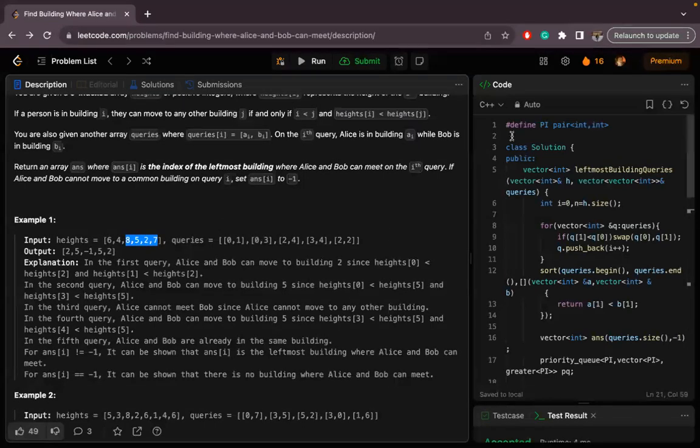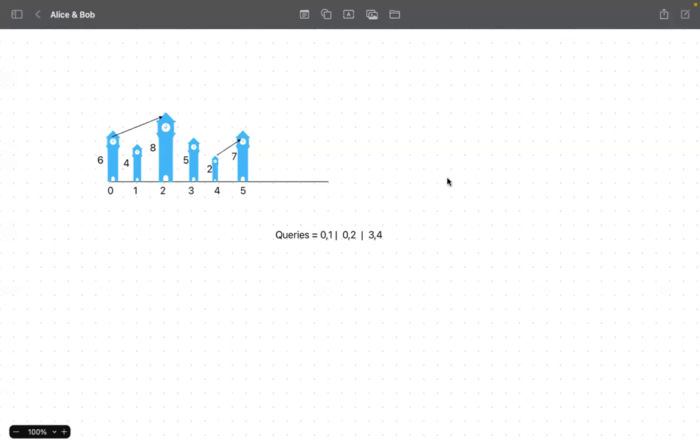Okay, so let's make some examples. Looking at the examples here, for the first query, as you have seen, Alice is at the 0th building and Bob at the first building, so both of them can move to the second building, right? 8 is larger as well as its index is more, and for 6 as well.